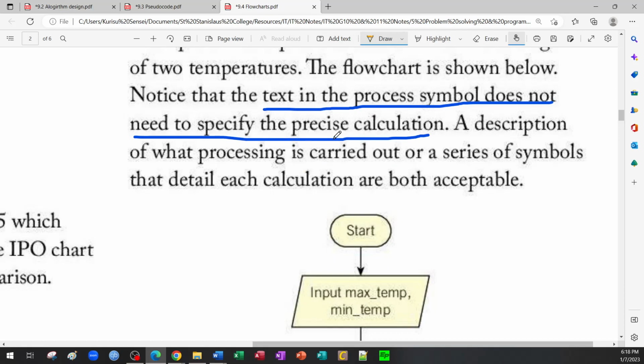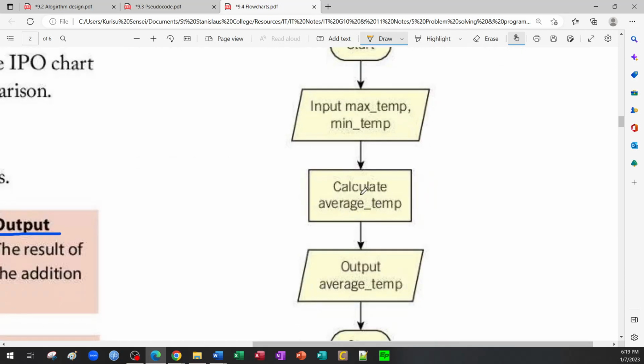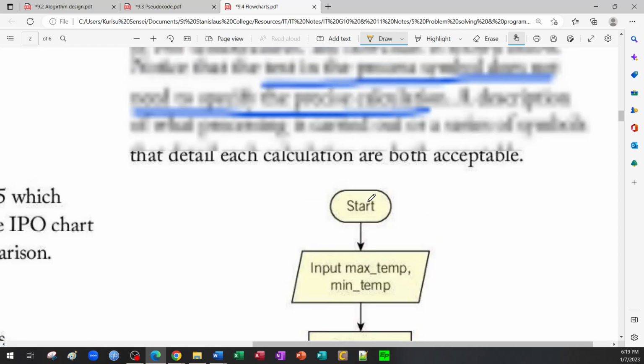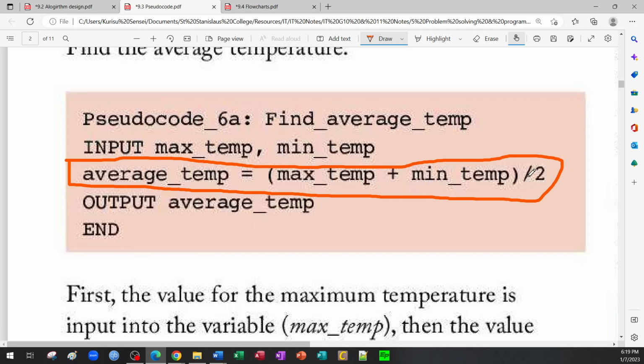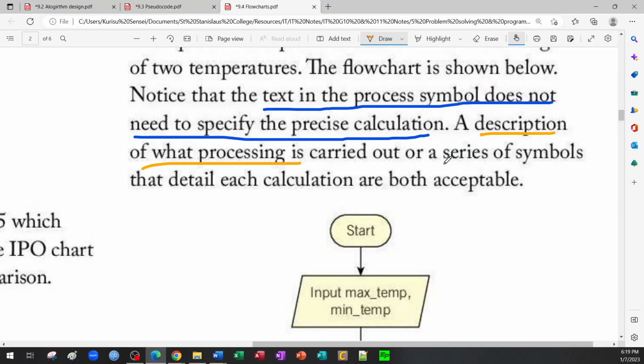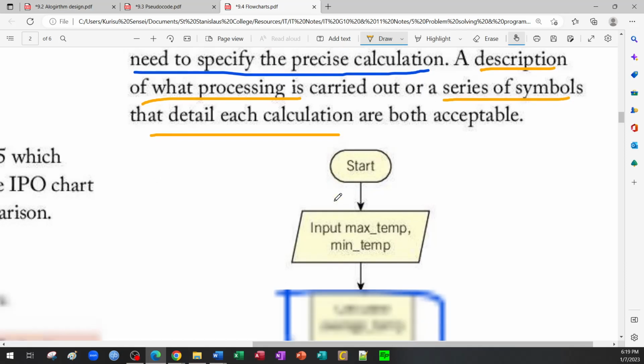You can either summarize what is going to happen, like we see in here, summarize that you calculate average temperature, or you can write a description of what calculation needs to be carried out, or basically type out the full calculation, like for example like this here, type it out completely. You can do that, or you can do a series of symbols that detail each calculation.